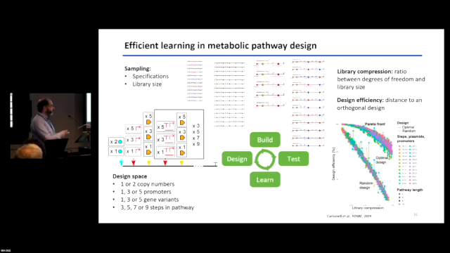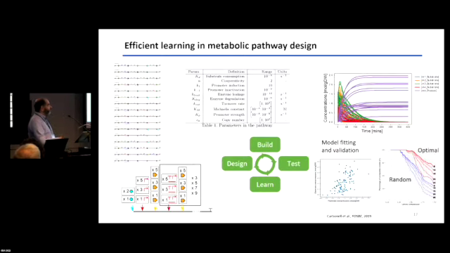And in parallel, you can also simulate the processes. This is why we are talking about a digital twin, and see how this is going to impact the actual titers that you are going to get in your strains.